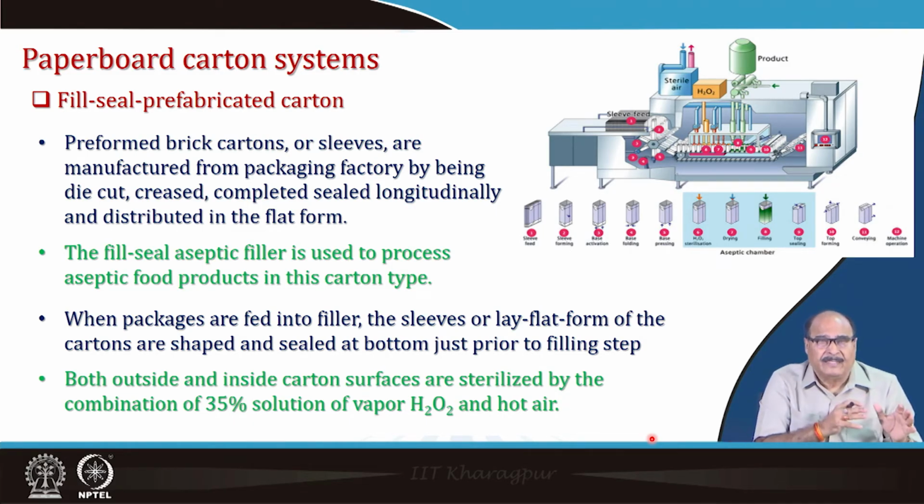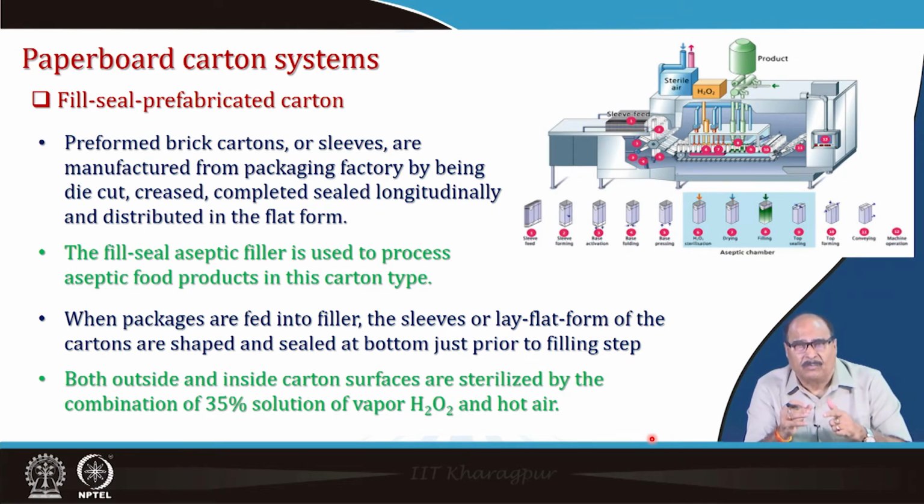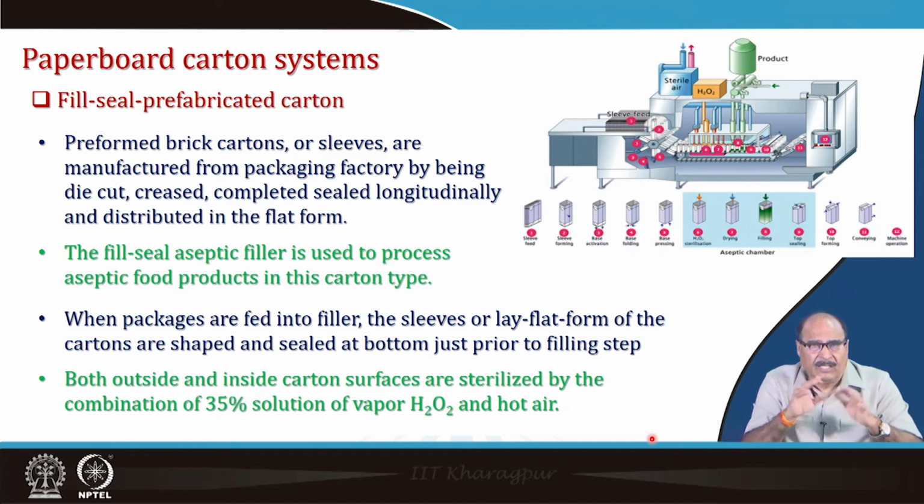When packages are fed into the filler, the flat sleeves are shaped into cartons and then sealed at the bottom just before the filling step. Both outside and inside carton surfaces are sterilized by a combination of 35% solution of vapor H2O2 and hot air.